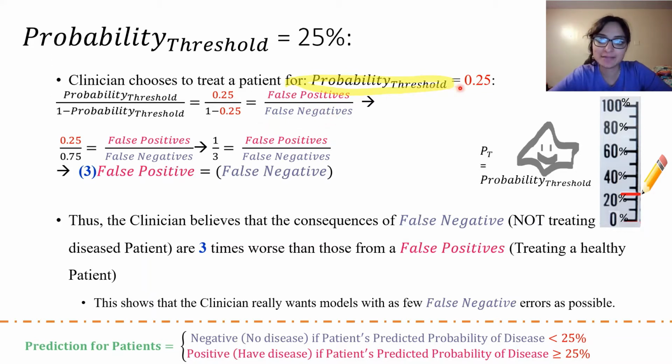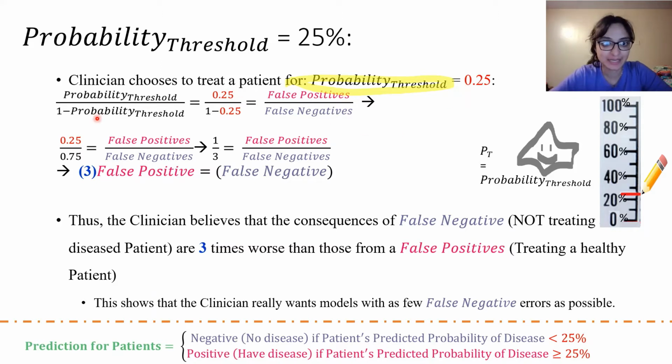So basically, the patient will be treated as long as he, she, they has a predicted probability of CHD that is 25% or above. If you have at least a 25% chance of having coronary heart disease, then the clinician automatically assigns you to the positive class and predicts that you will have CHD.